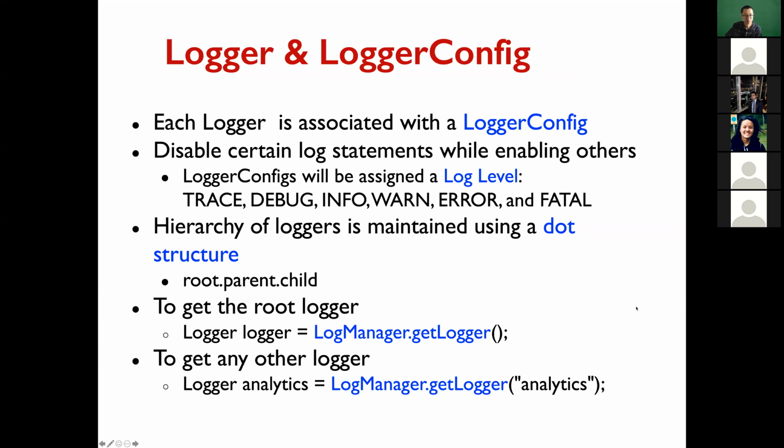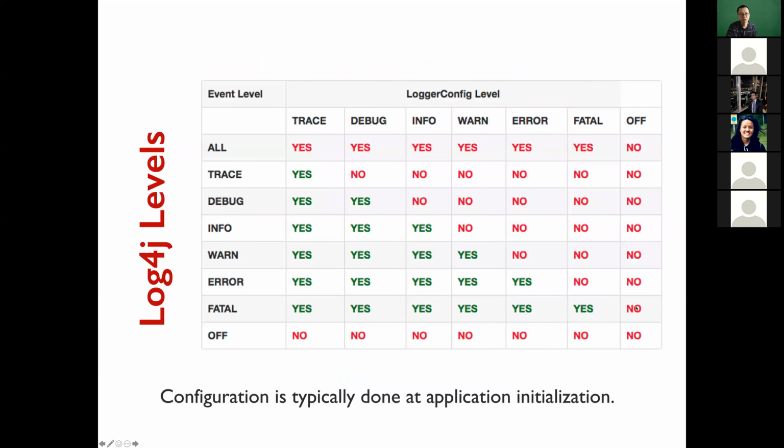And this one here shows what happens when we configure a log level to a logger. Which statements would be enabled, and which messages we can see in the output.